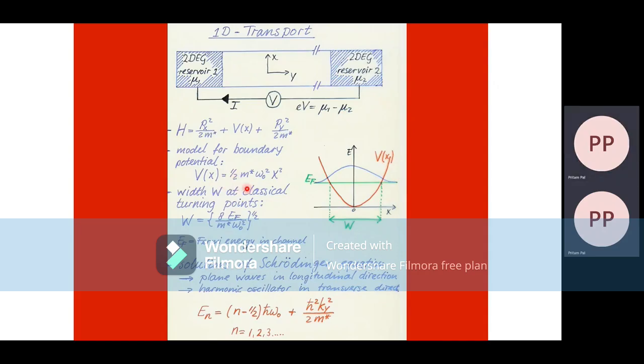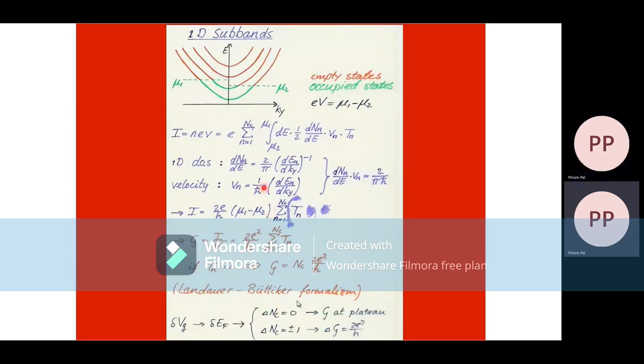So the Schrodinger equation would result in this very simple spectrum, basically a harmonic oscillator spectrum, and so for each value of n, we'll have a quantized subband dispersing in the y direction, as you can see, where n equals 1, 2, 3, and so on.